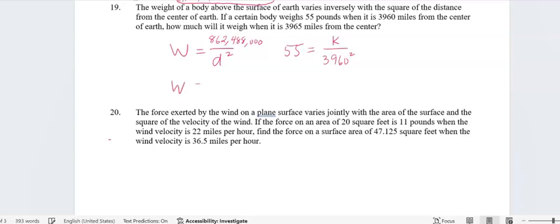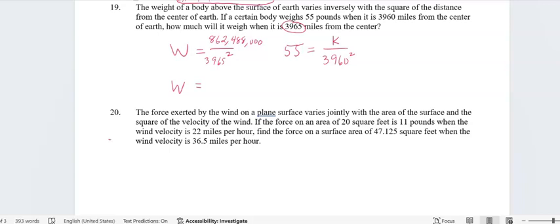Okay, so weight is that same number, 862,488,000 divided by distance squared. But to find out the weight when it is 3,965 miles, we're just going to replace D with that number to get our final answer.